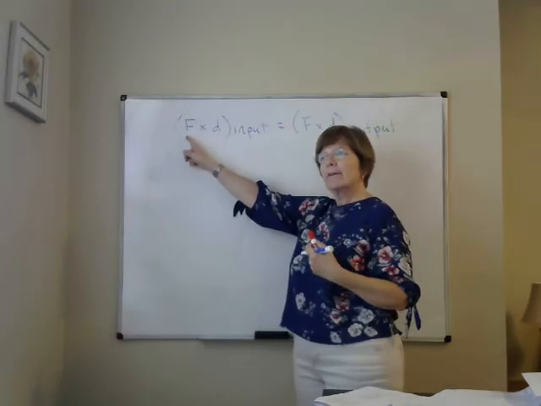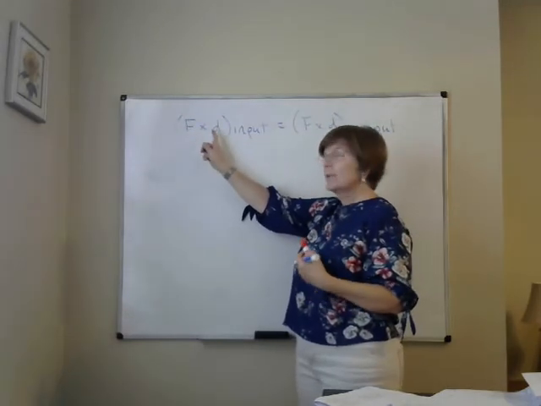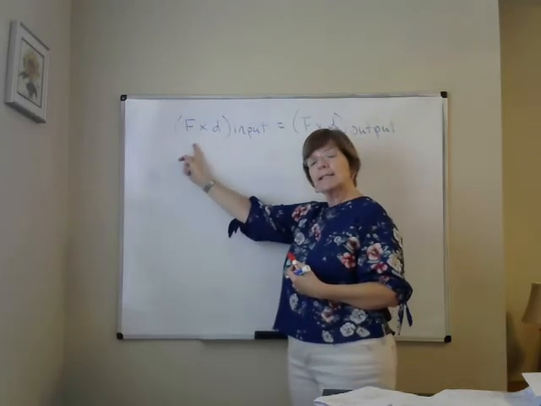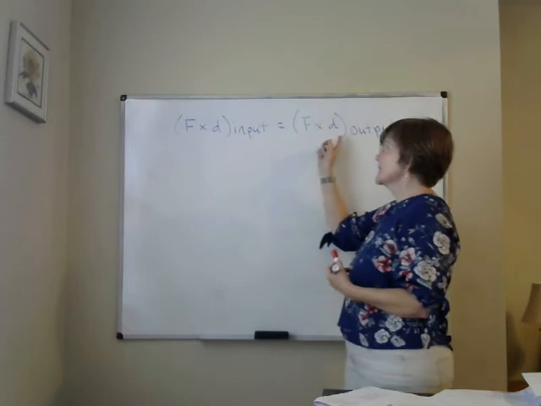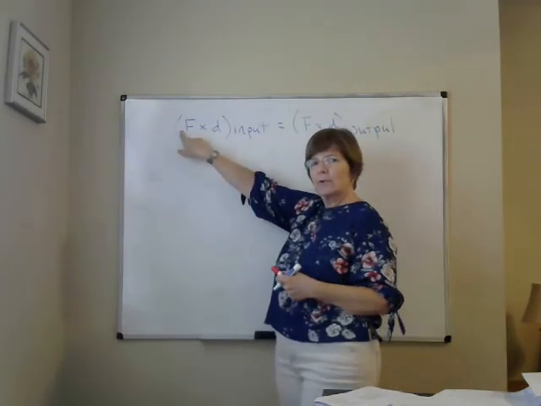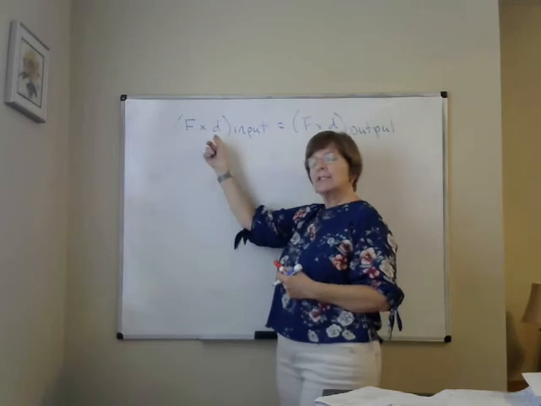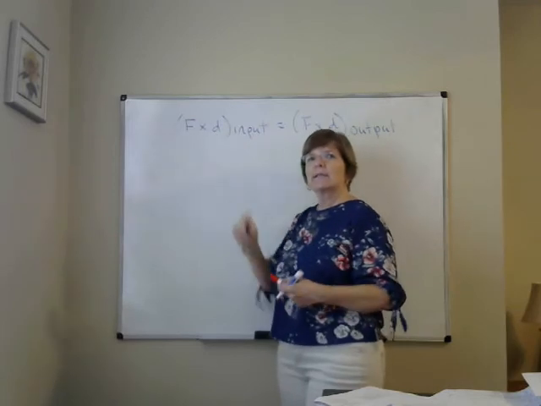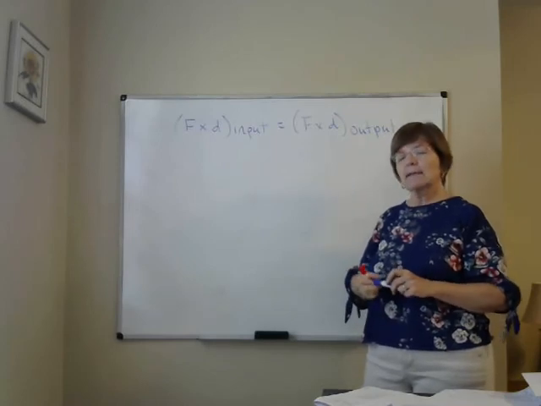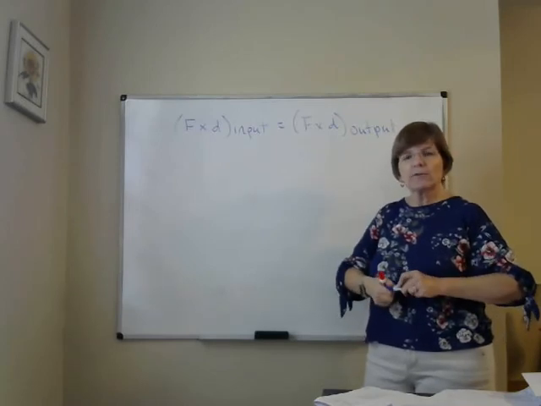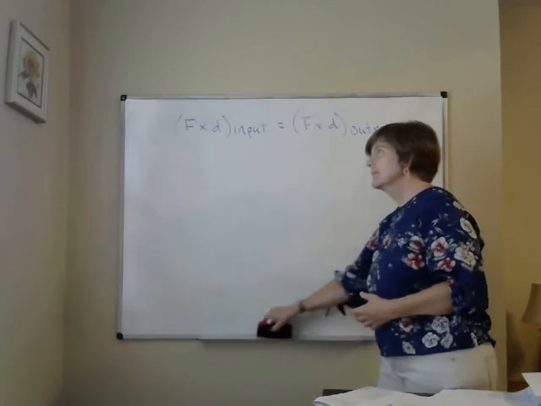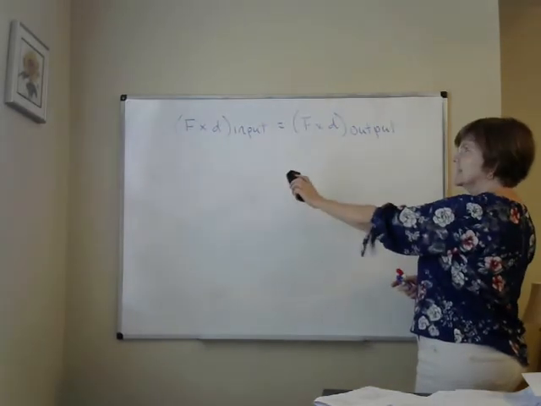If I want to use half as much force, I'm going to have to double the distance, because this product still has to be exactly equal to this. If I want to use 1/10 of the force, then I'm going to have to use 10 times the distance. So the way machines often allow us to make work easier is they allow us to use a smaller force over a longer distance.